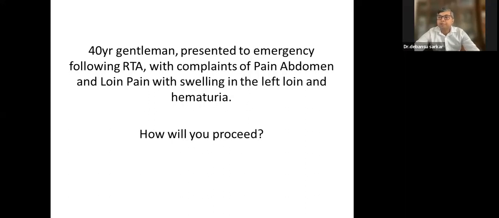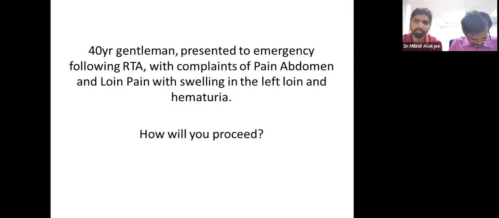Sir, first I'll approach this patient as per ATLS protocol. I'll look first for airway, then breathing, then circulation, and then disability, and every parameter is managed. Then I'll go for the history. I'll first see the mechanism of injury, what kind of injury has occurred.